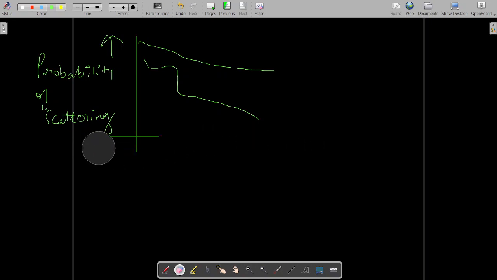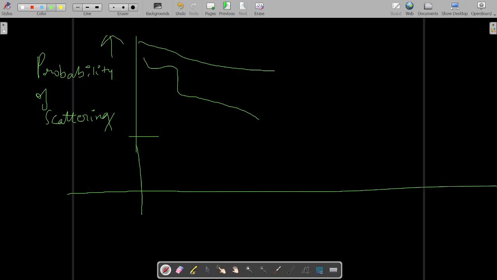Then let me erase this x-axis from here and redraw it somewhere else. Let us draw it over here. So it is like this. This is for calcium 40, this is for indium 115, this is for gold 197.